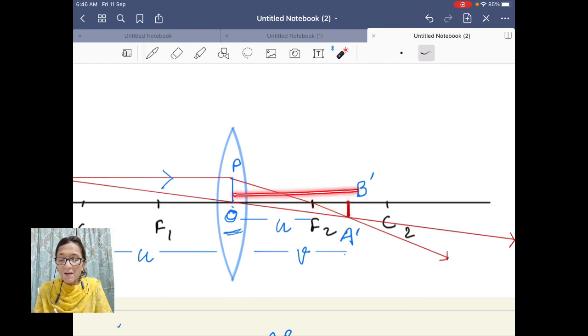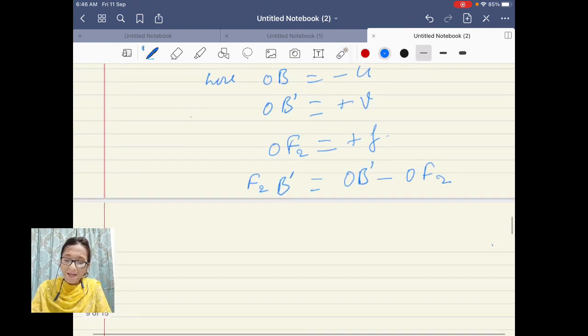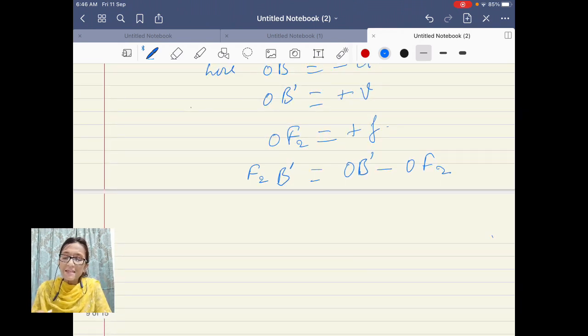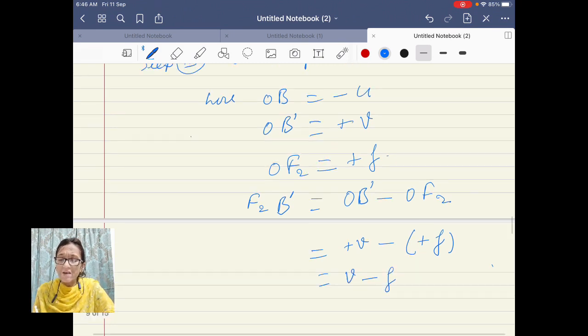This will be equal to OB' minus OF2. So I have taken OB' minus OF2, and OB' is your image distance, positive on the right hand side of the optical center, and OF2 is your focal length, which also is positive. So F2B' comes equal to V minus F.